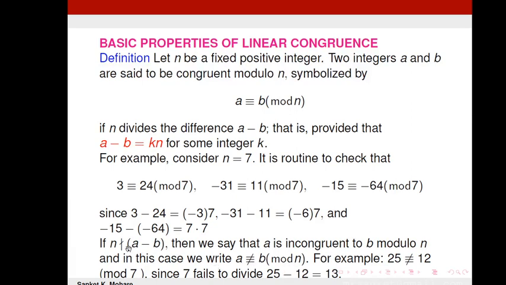So whenever n does not divide the difference of the two integers a and b, then we say that a is not congruent to b modulo n, or simply a is incongruent to b modulo n. For example, 25 is not congruent to 12 mod 7, since 7 does not divide the difference 25 minus 12, that is 13. 7 could not divide 13. That's why these two integers are incongruent modulo 7.